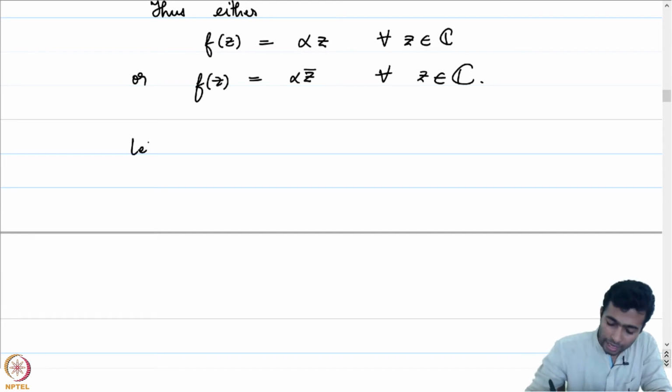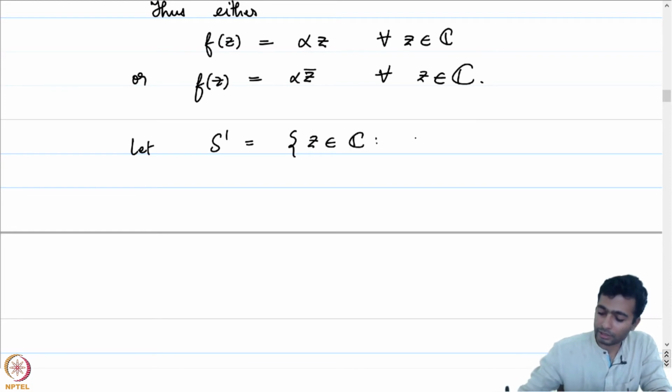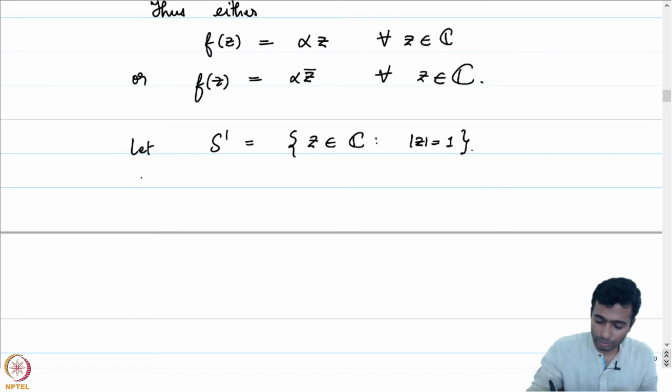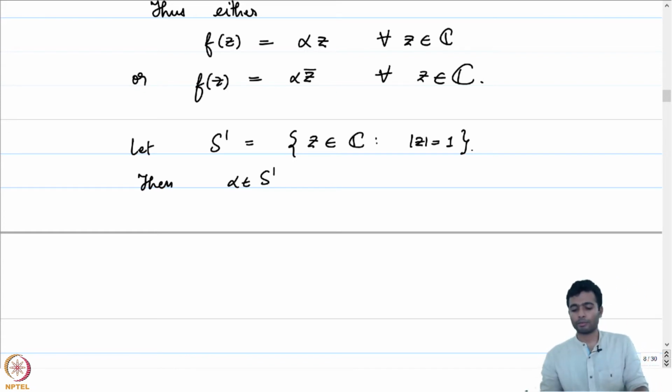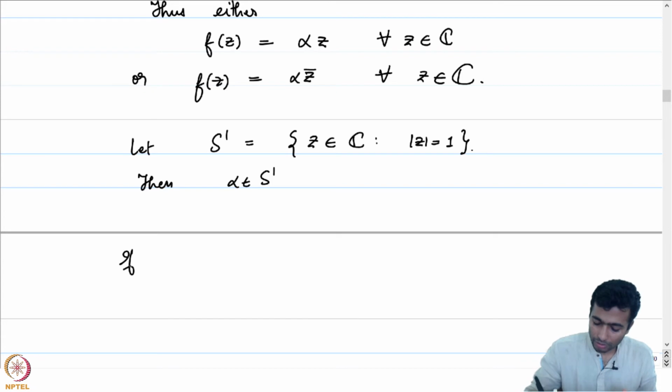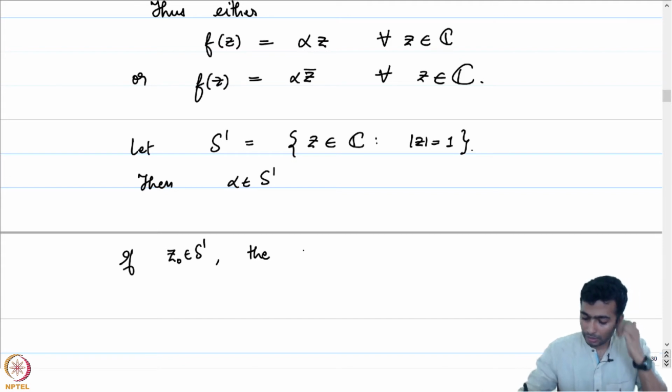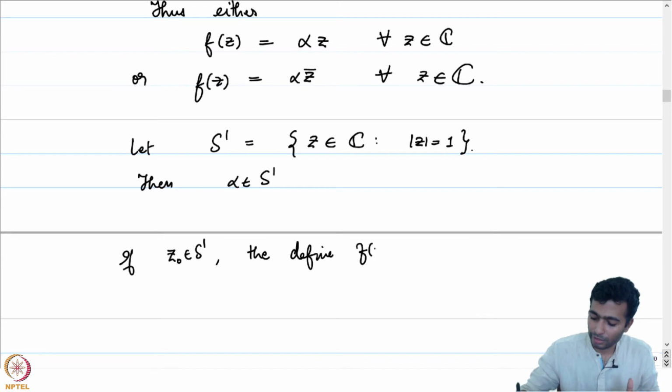Let's do one thing. Let S1 be the set of all those complex numbers Z such that the absolute value of Z is equal to 1. Then we just notice that alpha belongs to S1. We also just faintly gave a proof of the fact that any element in S1 gives us an isometry. So if Z0 belongs to S1, then define f of w to be equal to Z0 times w.